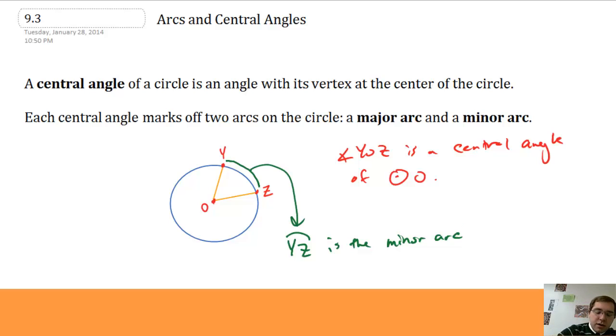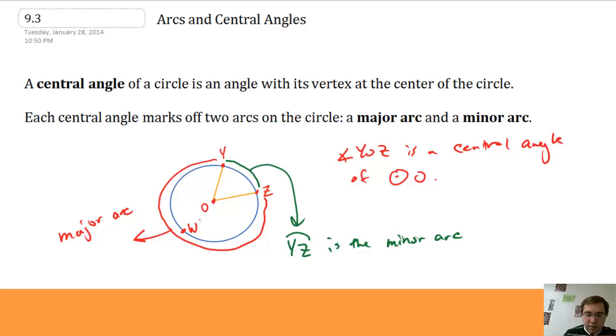The major arc is this one out here, the whole rest of the circle. That's called the major arc. If I wanted to label that, I'd have to give myself a third point on the circle, so let's call that W. And I could say YWZ is the major arc.